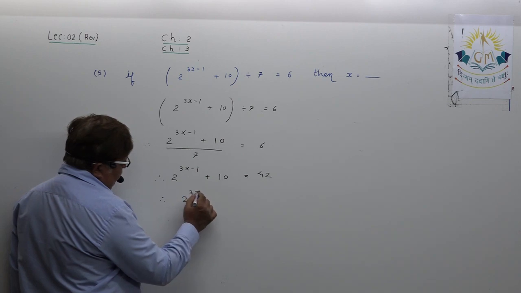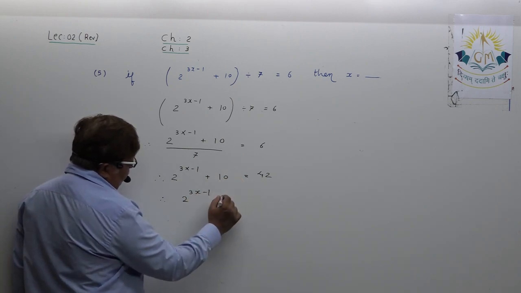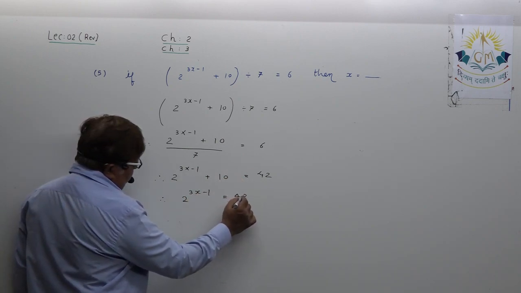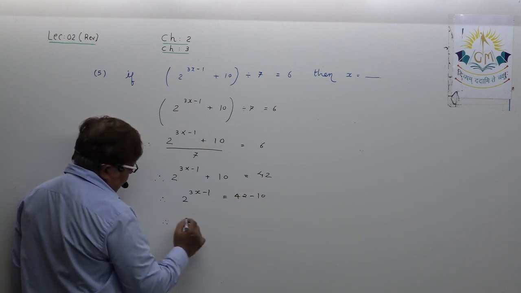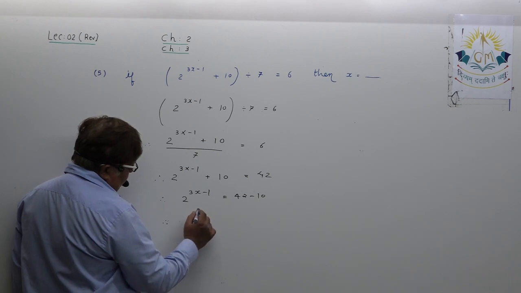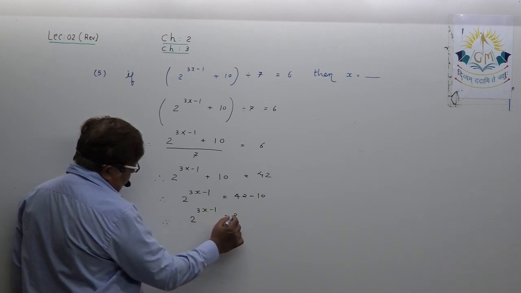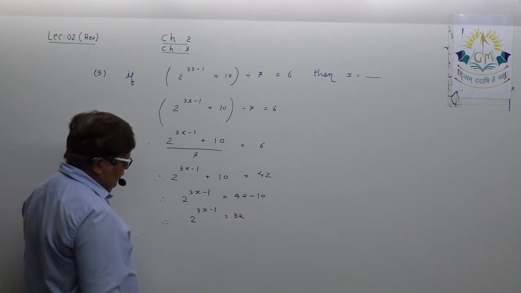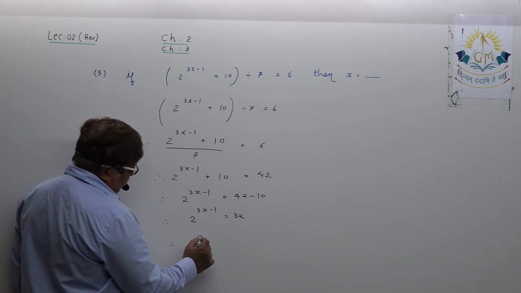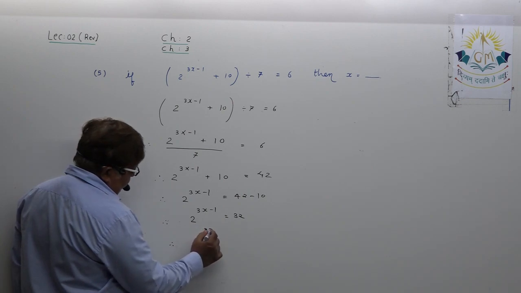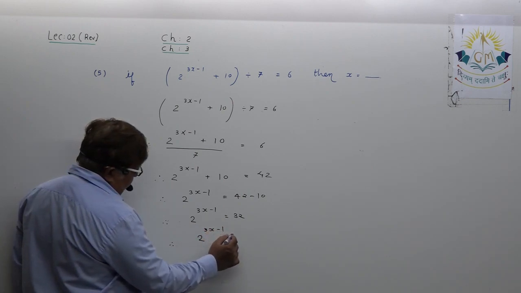Next step, transfer 10 to the other side. So 2 raised to 3x minus 1 equals to 32. Now let us express this as a power of 2.